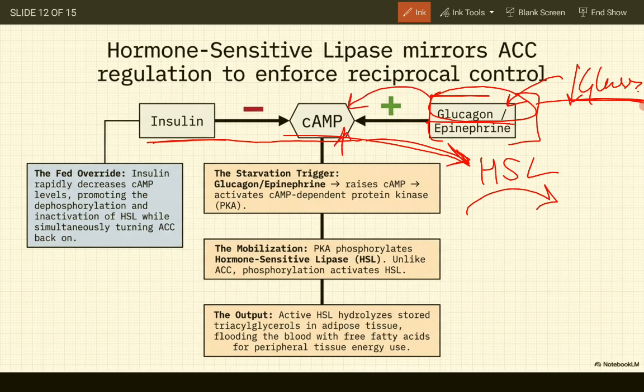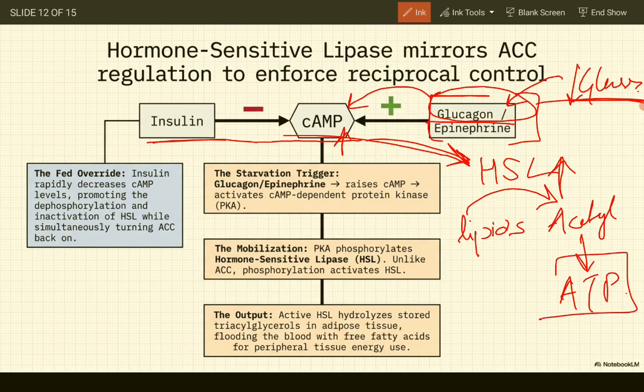Cyclic AMP is increased, so it activates hormone sensitive lipase, and lipids are broken down into acetyl CoA at the end, which will produce energy. So that is what happens. This is when you are fasting; the other is when you are fed, you have taken food.